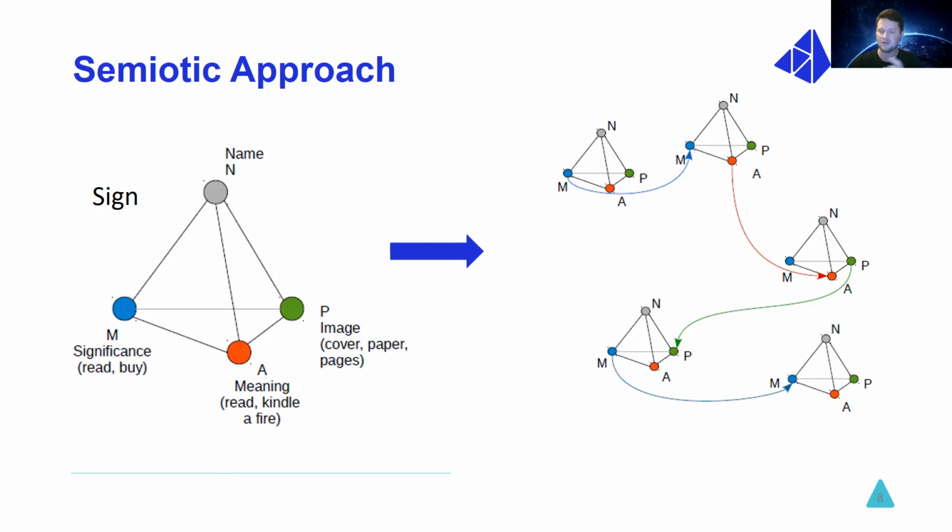In this case, a book has a cover, paper, pages, and these are distinguishable features of this particular entity. And also all signs are interconnected into a network, and we call this network a semiotic network. And this is what we work with. So this is the main storage of knowledge of all agents.